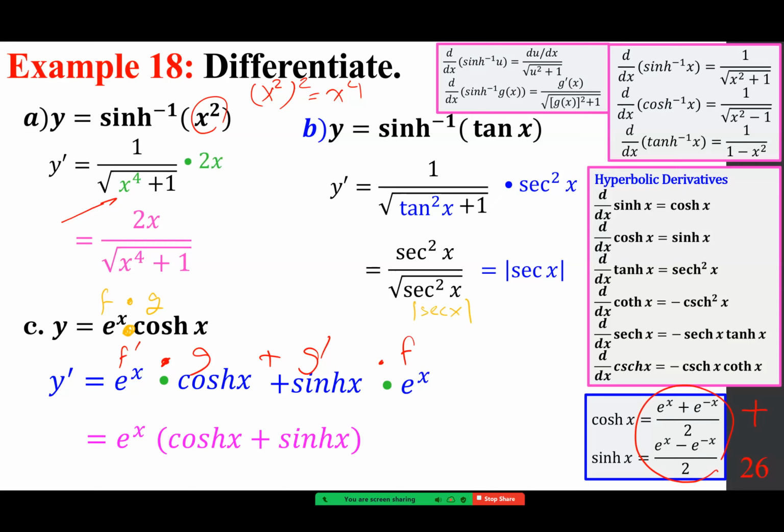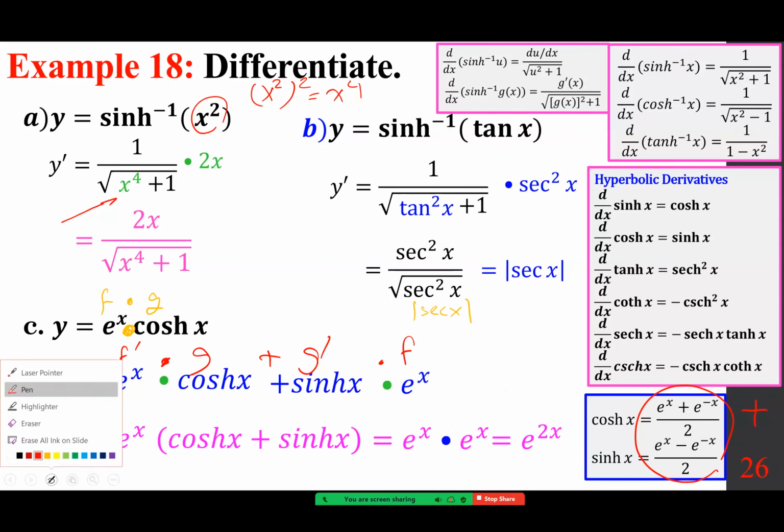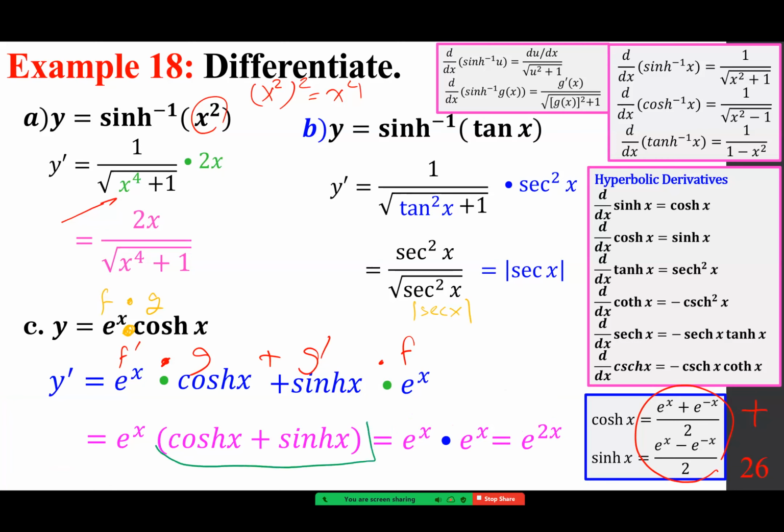Then you have 2 e to the power of x over 2, or simply e to the power of x. So I hope you recognize this, meaning this becomes e to the power of x itself. e to the power of x times e to the power of x is e to the power of x plus x, or e to the power of 2x, which makes it the final answer.